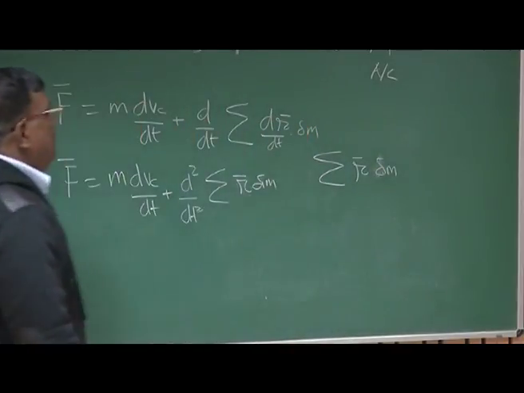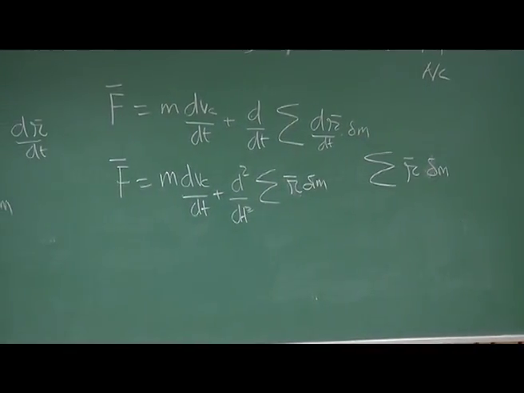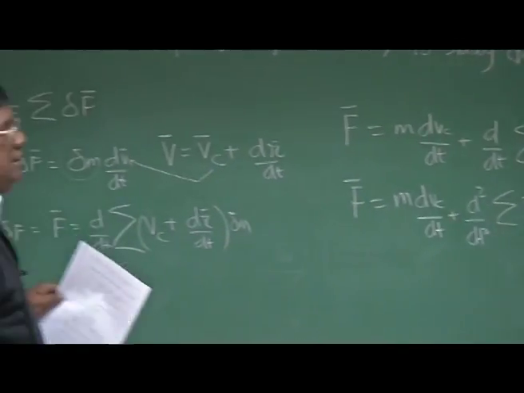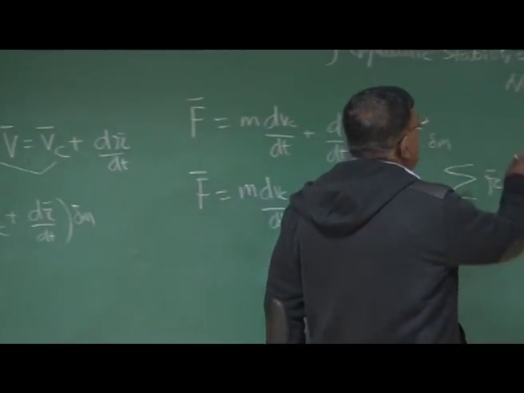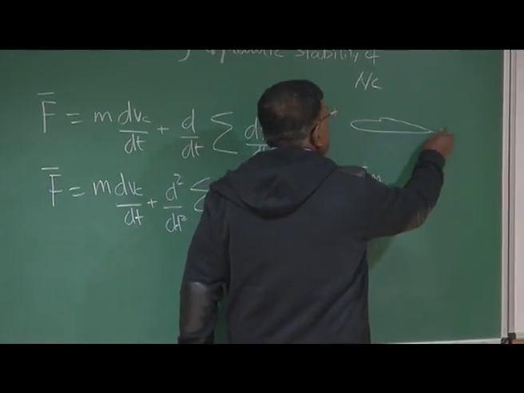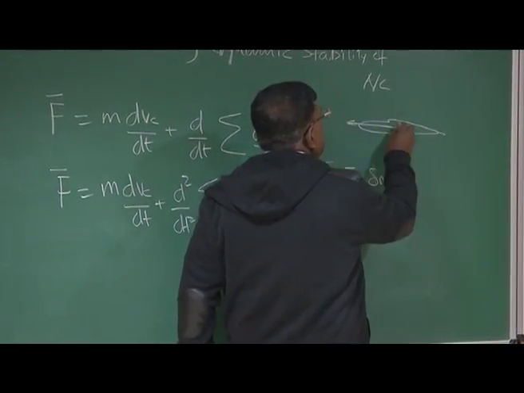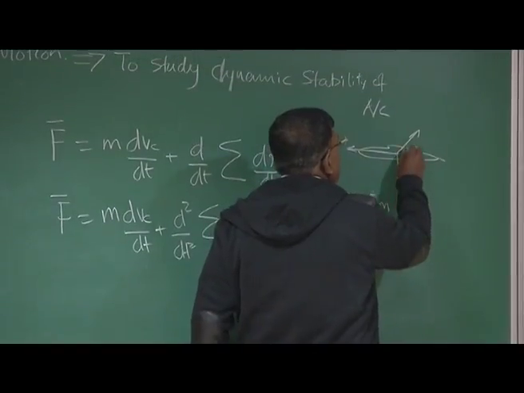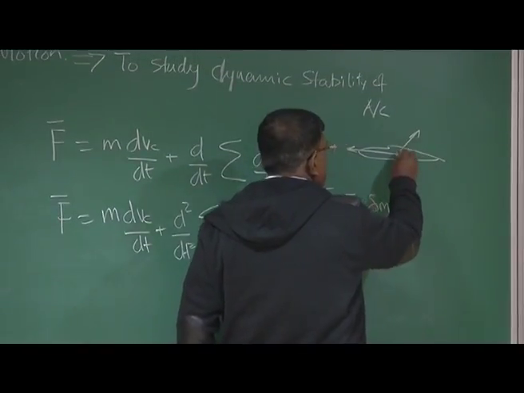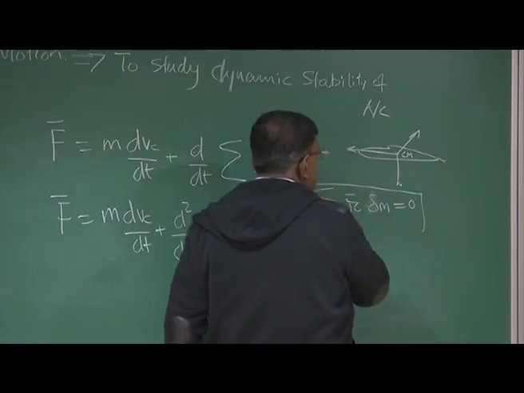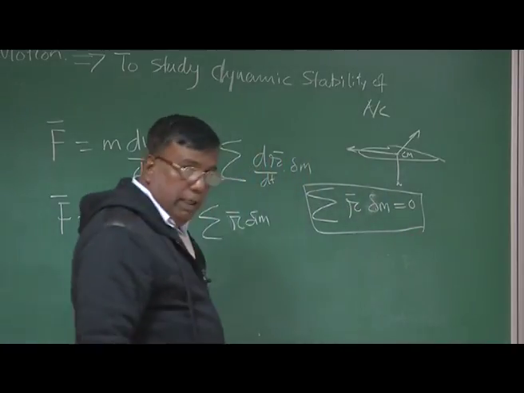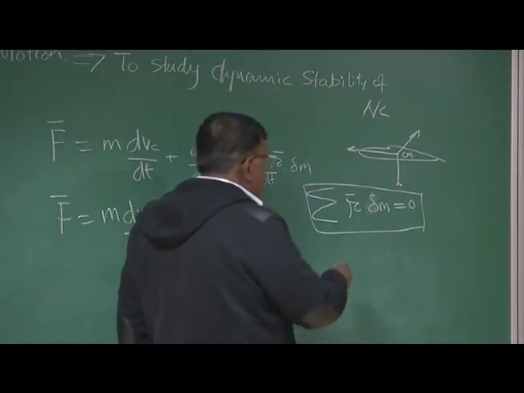Please note that we have ensured that the axis system is at the CG location. So if this is the airplane, then the axis system is at the center of mass. So by this definition, this automatically becomes 0. Why? Because how do we define center of mass?